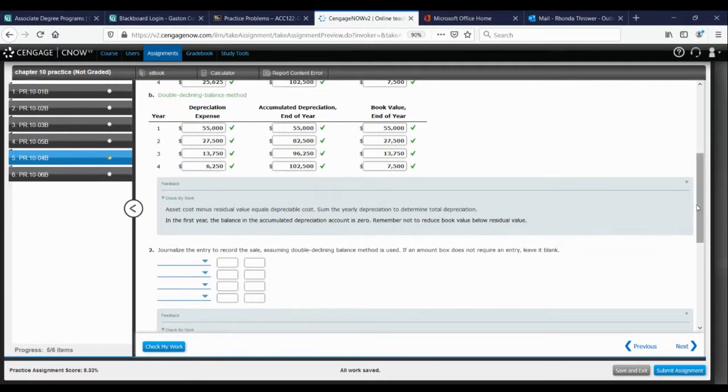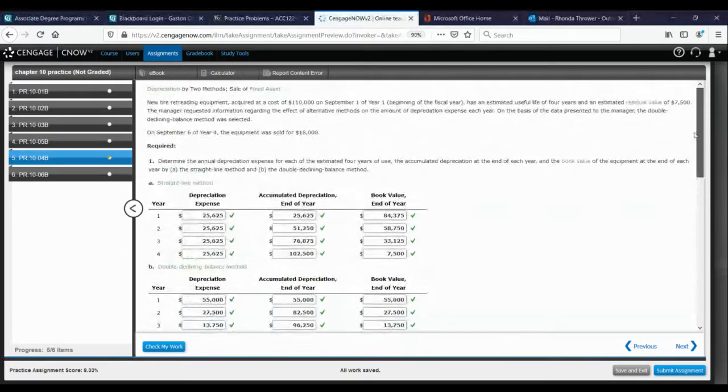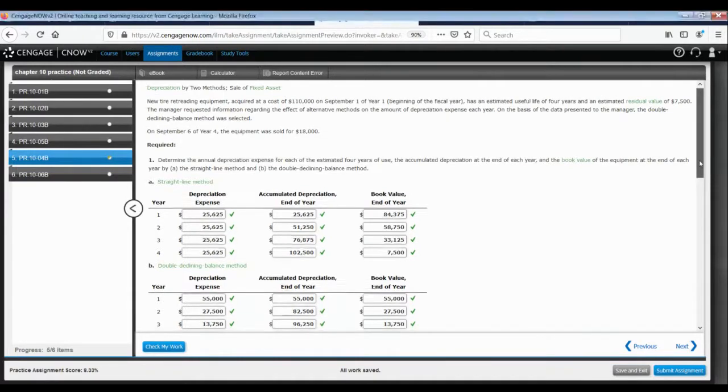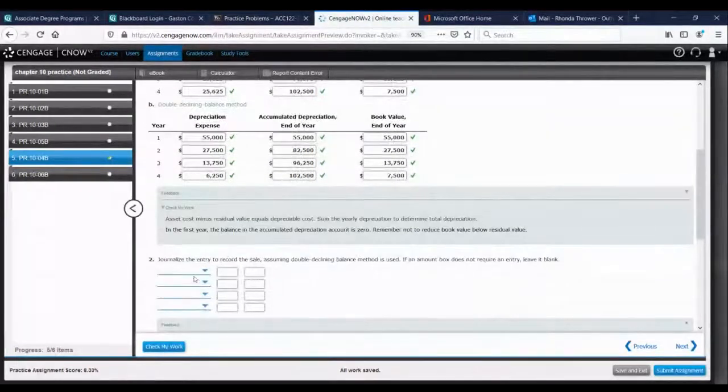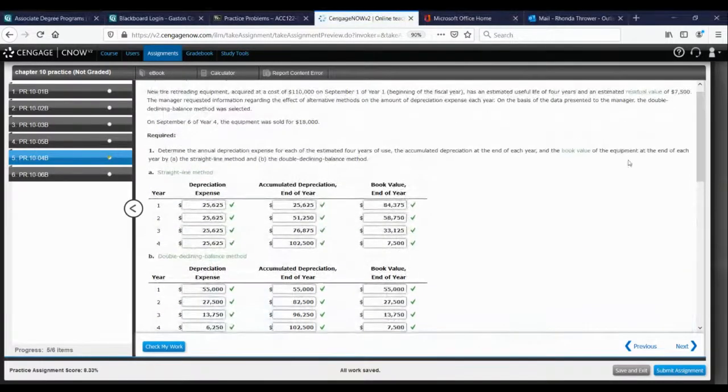When you sell an asset, you're going to be receiving some cash from the sale. The asset was sold for $18,000 in cash. There was no mention of a liability here. So our cash, which is an asset, will be debited for the selling price. The selling price was $18,000.